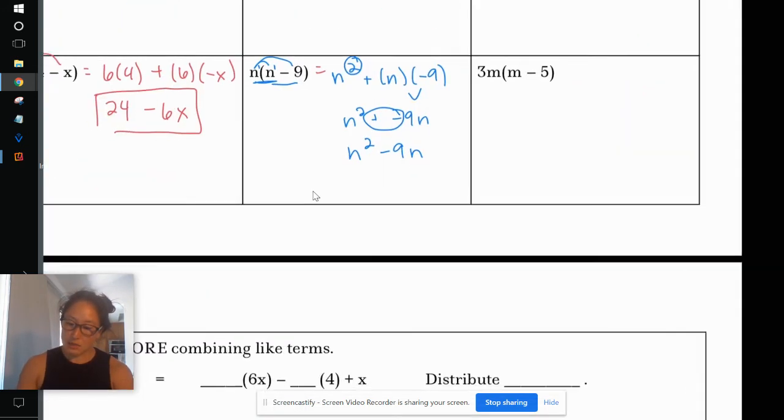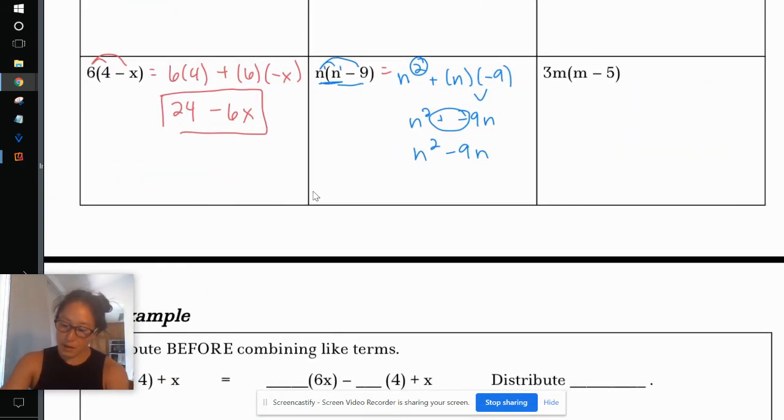Okay, last one. I have 3m multiplying inside the parentheses because I cannot simplify m minus 5. All right, so I get 3m on the outside multiplied by the term on the inside, m, plus the 3m on the outside times the term on the inside, negative 5.